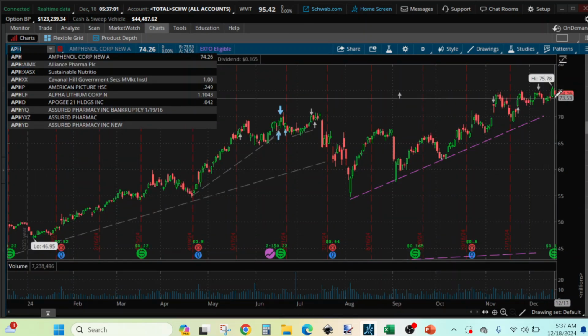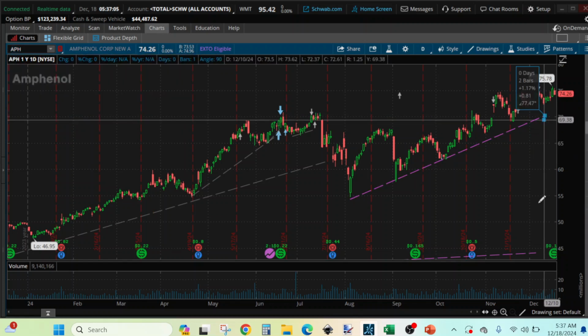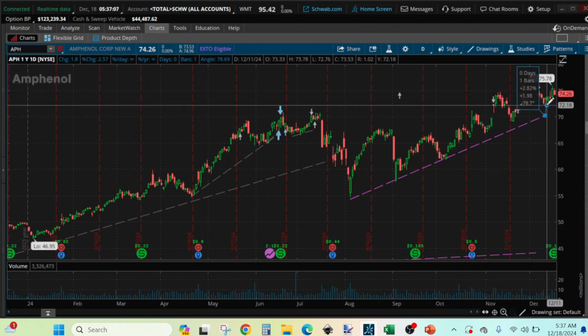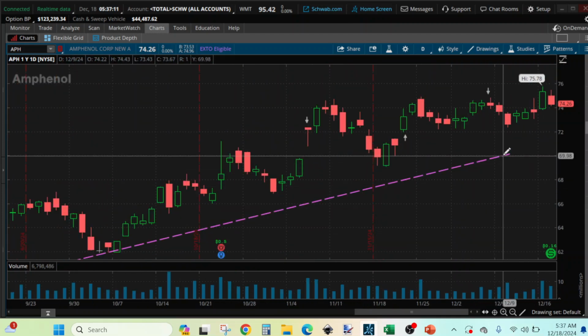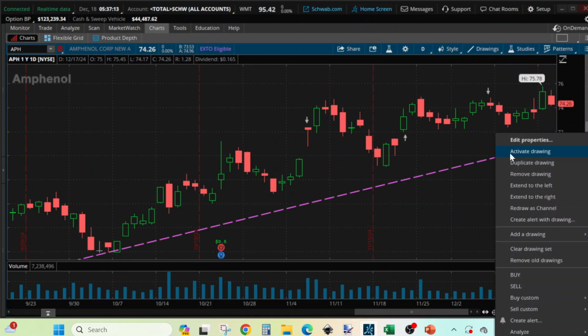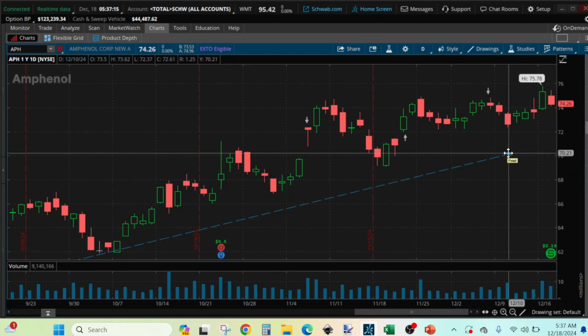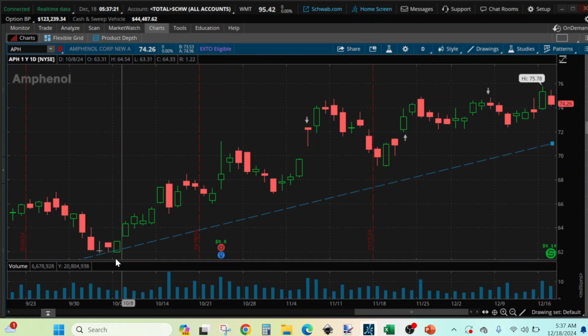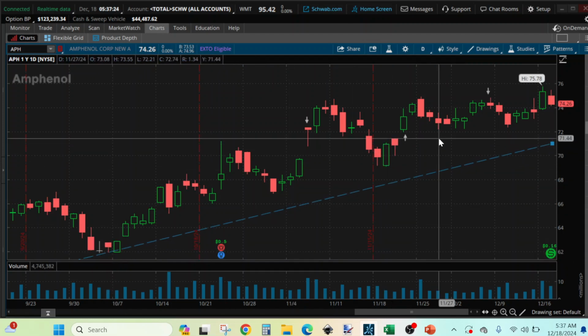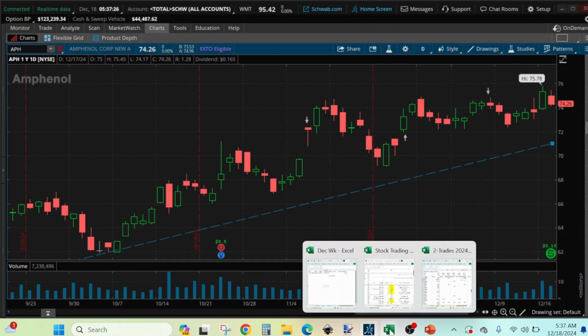So APH is right there, and we are waiting to buy on this line. Let's extend that line a little bit. I'm looking at that low there when I'm extending it, so that's where we want to buy.